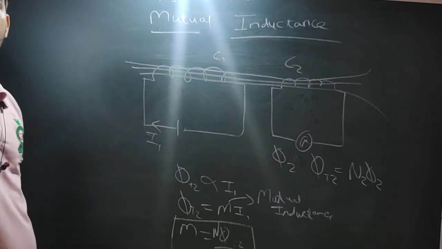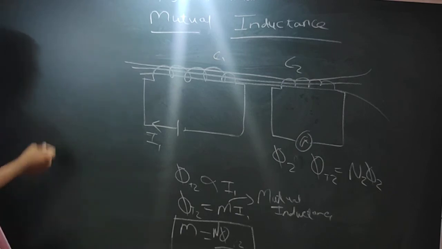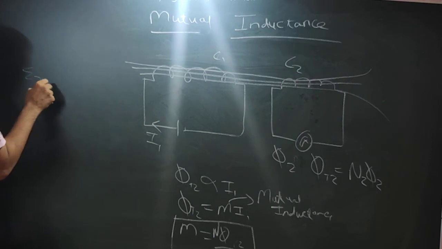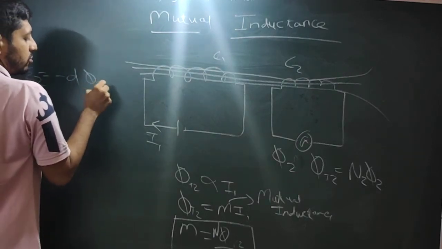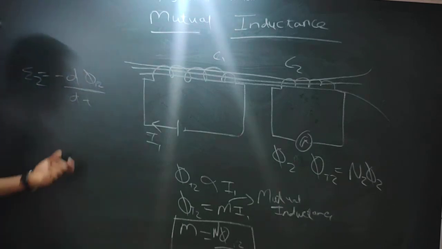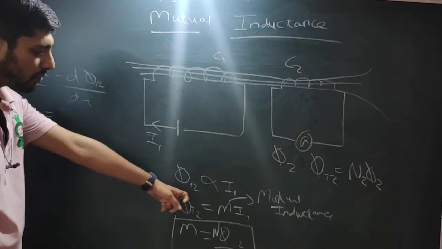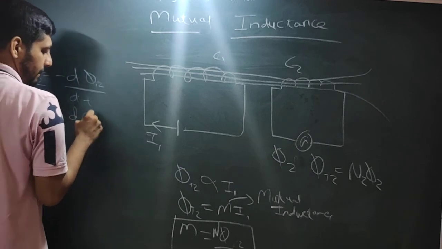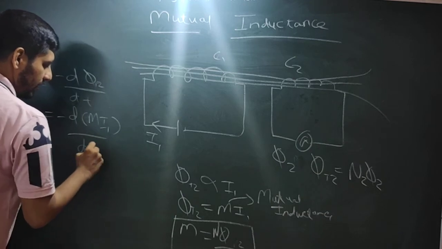Now suppose we want to find the mutual EMF, or induced EMF. The induced EMF will be in coil 2, so I will write E2. E2 will be equal to minus of the change in total flux upon dt, according to Faraday's law. What is the total flux? We know it is M I1. So minus d of M I1 upon dt.